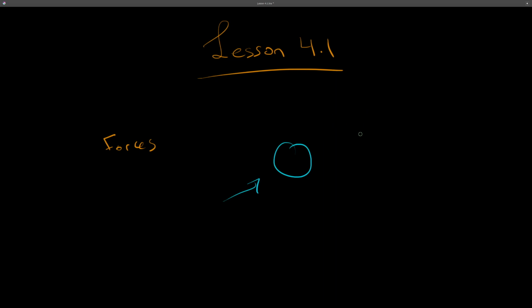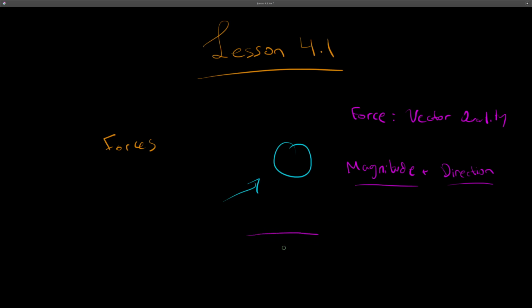Now what you should know about a force is that a force is a vector quantity. Meaning that it has both magnitude plus direction. So you can't state a force without saying both the magnitude and direction, which is why it's represented with arrows, meaning that the magnitude is represented by the length of the arrow.